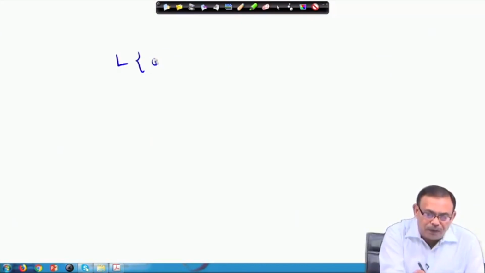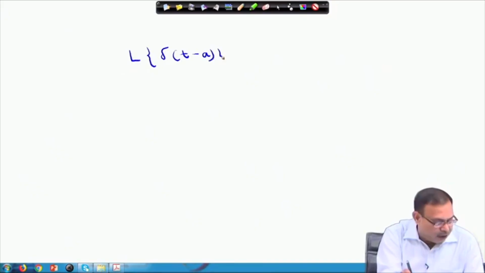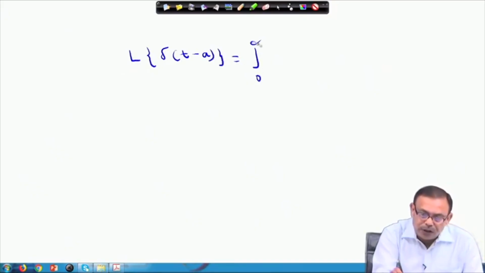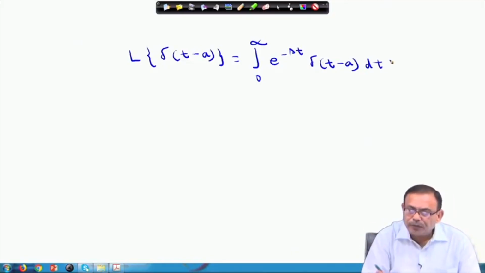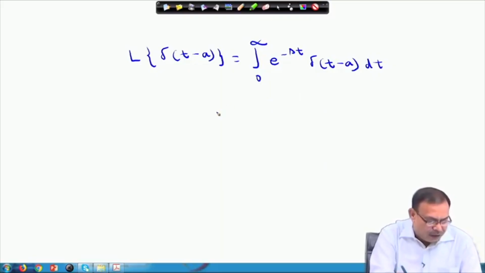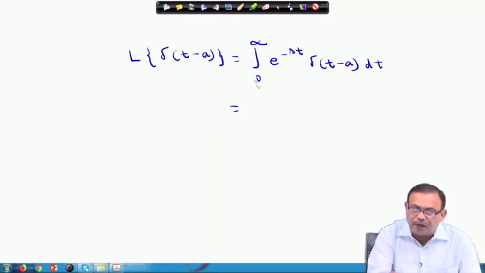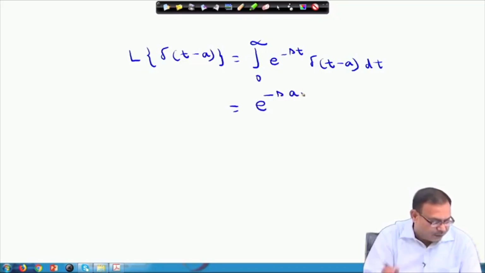Now the Laplace transform of the Dirac delta function delta t minus a equals the integral from 0 to infinity of e power minus s t into delta t minus a dt. Directly using the property of the Dirac delta function, which I showed just now, this is nothing but e power minus s a.